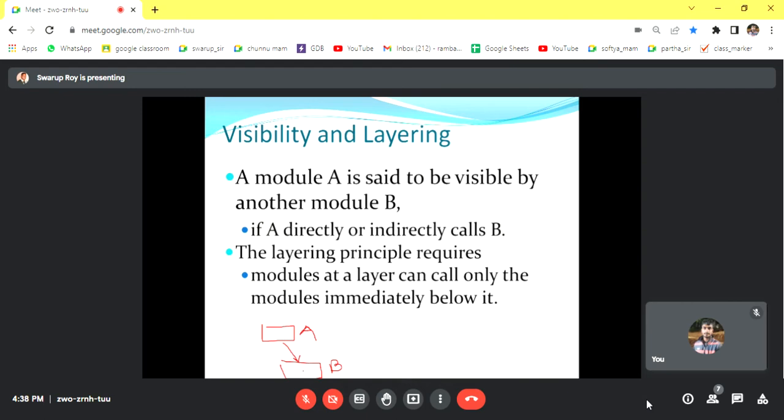Since A is calling some function of B, we say that A is visible to B. Or, if module A is calling C, and then C is calling B, then A again is visible to B. So whether directly or indirectly, if it is calling, we say these two modules are visible to each other.